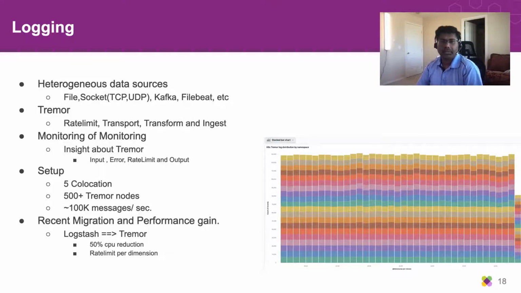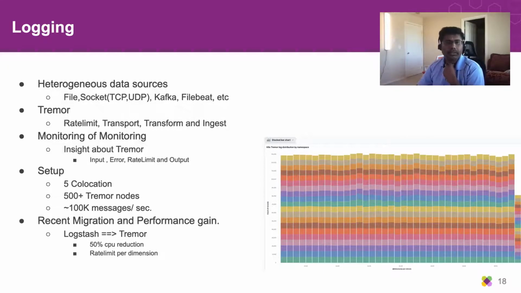Tremor helps us in various aspects, like collecting the logs, rate limiting them, and then transforming them into a proper format suitable for our Elastic format, JSON format, and then finally ingesting into it.